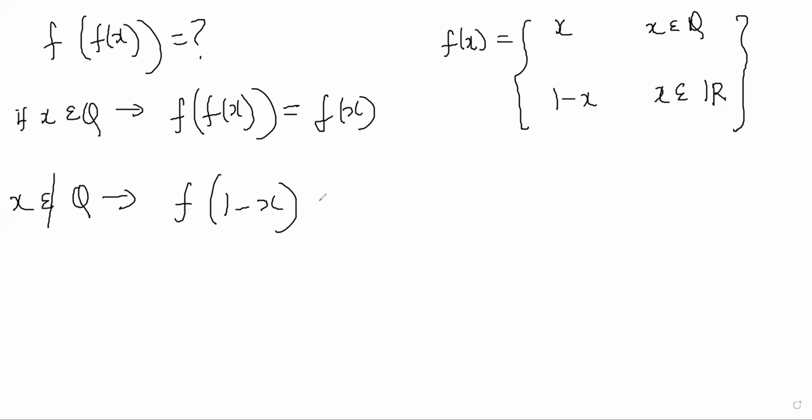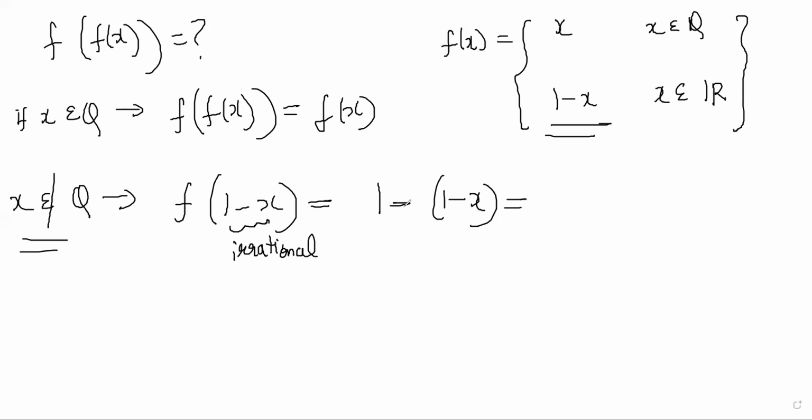But since x is irrational, 1 minus x is also irrational, so it will become 1 minus f of 1 minus x, which is 1 minus (1 minus x), that is x, when x is irrational. And when it is rational, f of x is x only.